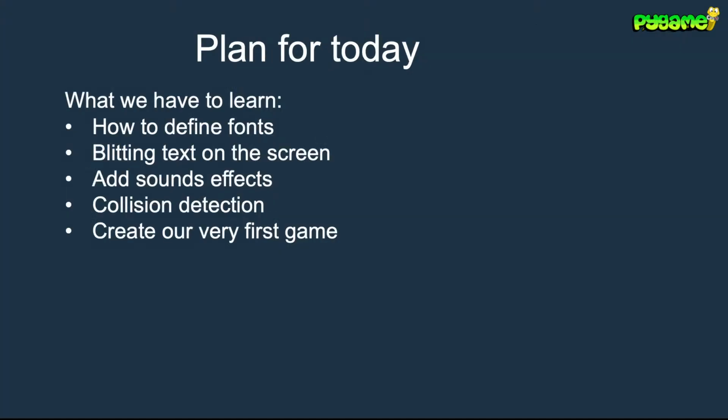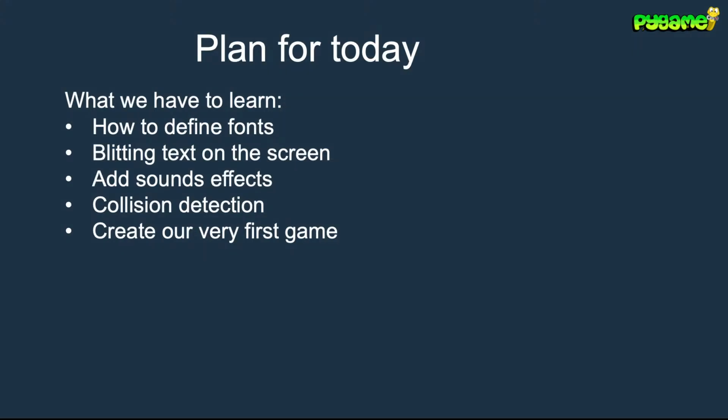Okay. What's the plan for today? Today we're going to work with the fonts and work with the text. Sometimes we want to see some text or make our game more informative.